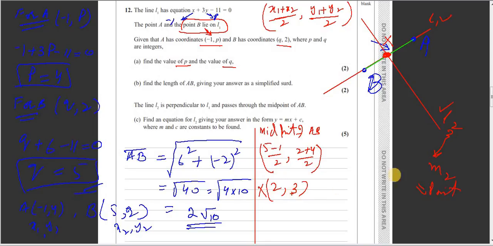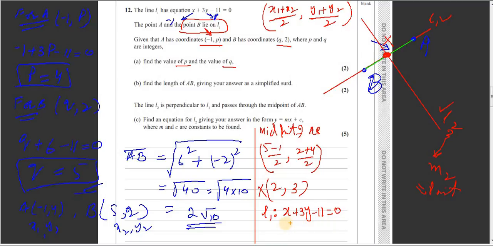First we need the gradient of the line L2. That we don't have, but we have the equation of L1, which is x plus 3y minus 11 equal to 0.